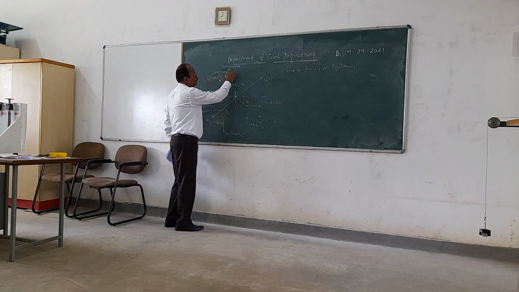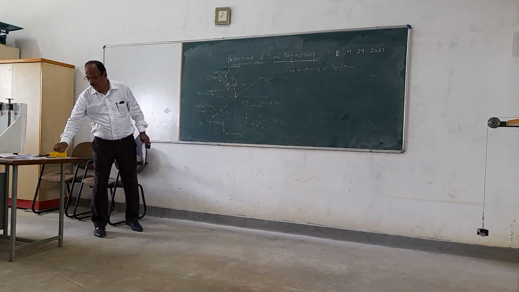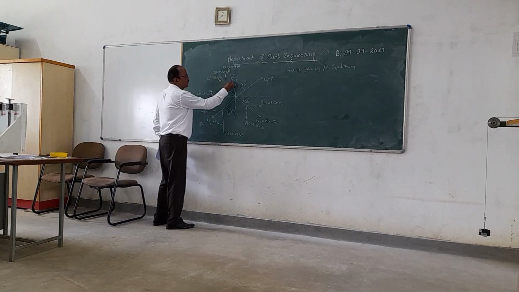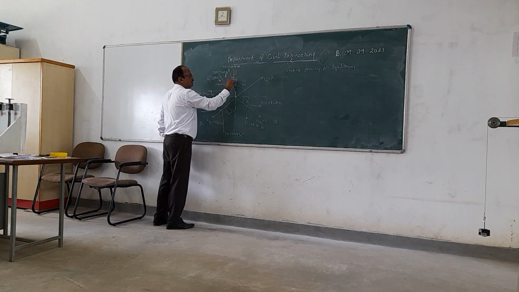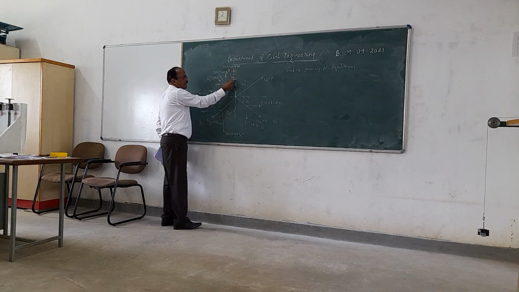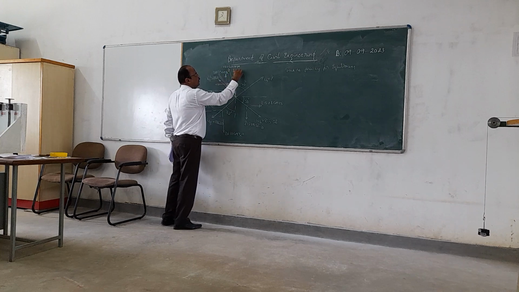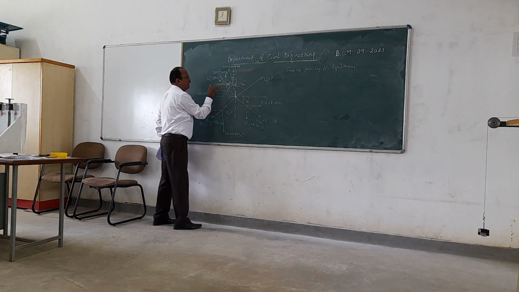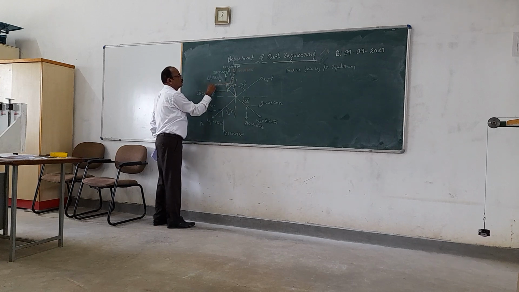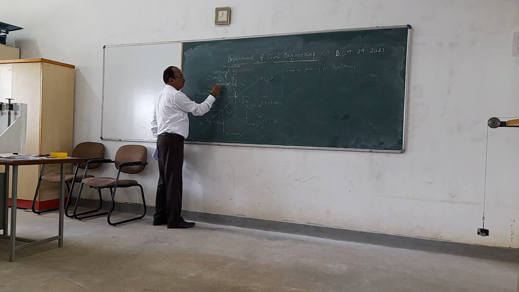And this component, that is W2, once again you resolve into two components. This is the horizontal component and this is the vertical component. Since this angle is theta, this becomes cos. How much? 210.24 cos of 4 degrees and this one is 210.24 sin of 4 degrees.